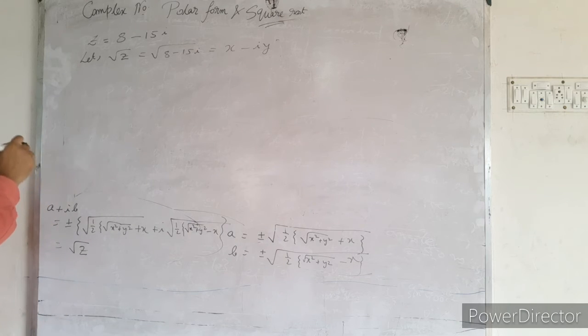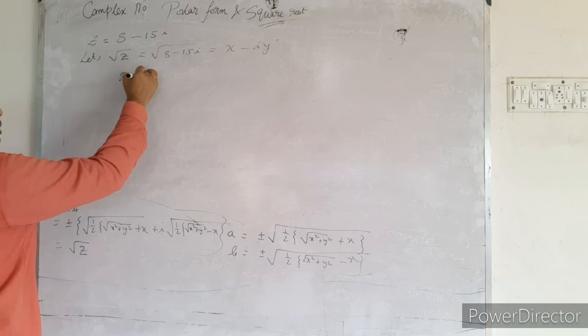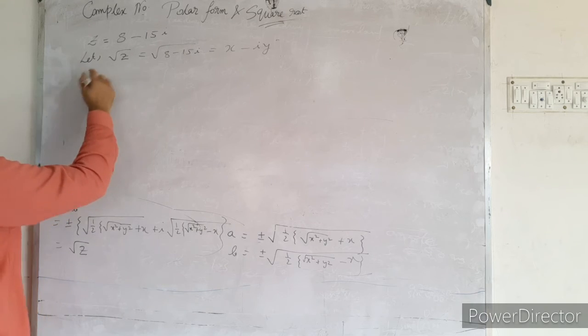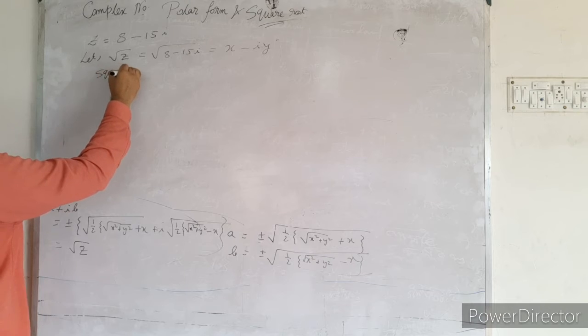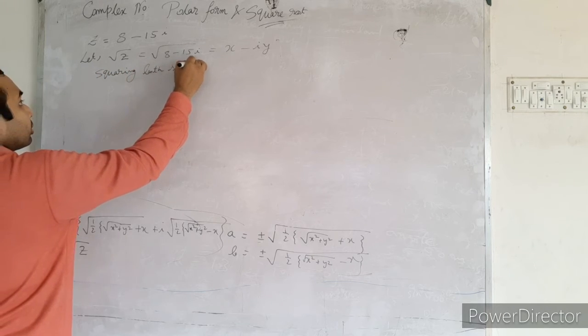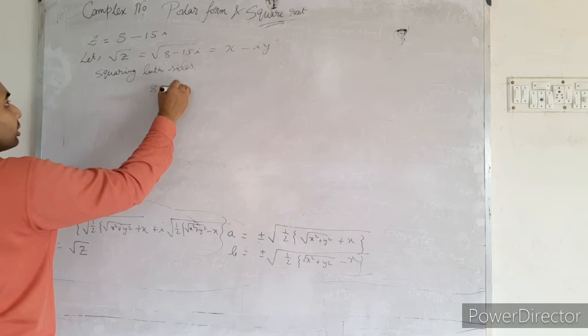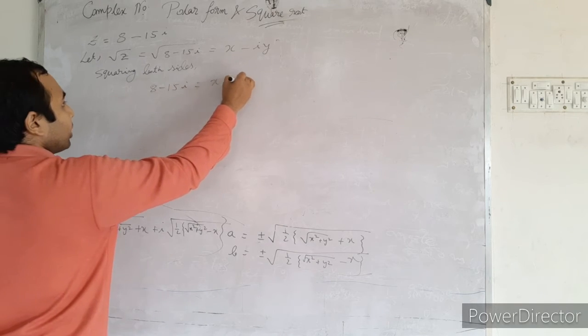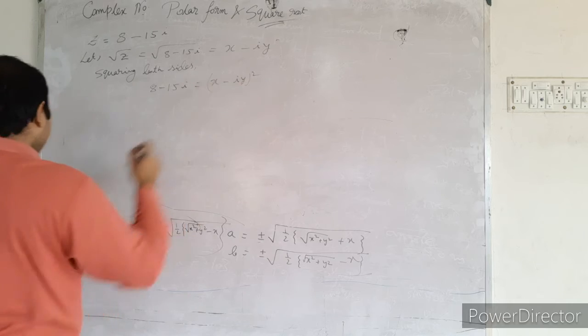Okay, so now squaring both sides, 8 minus 15i equals x minus iy whole square.